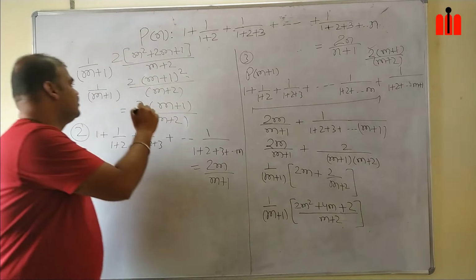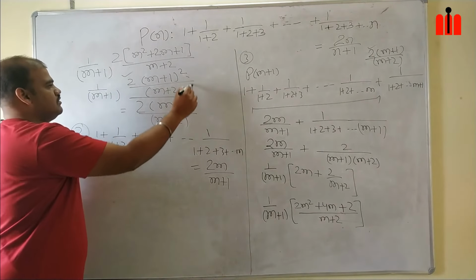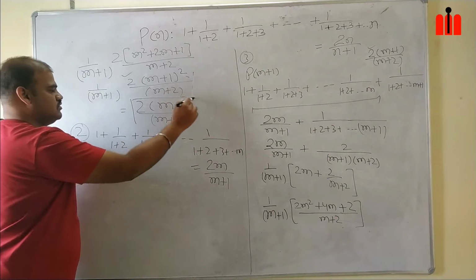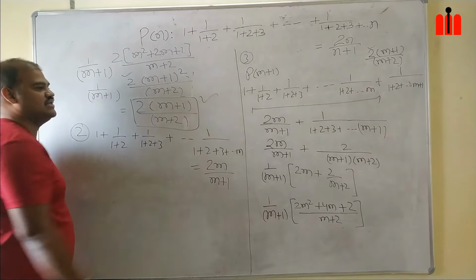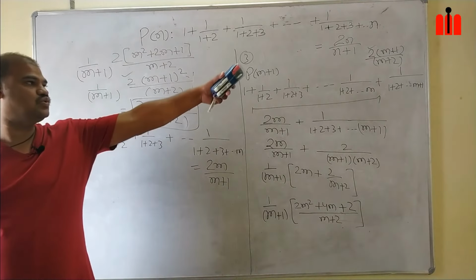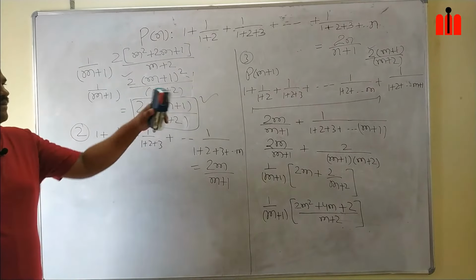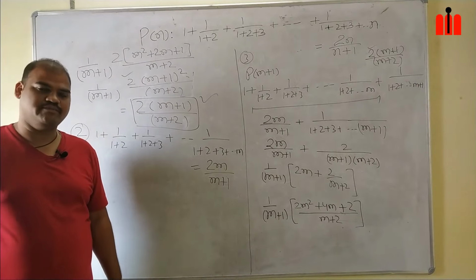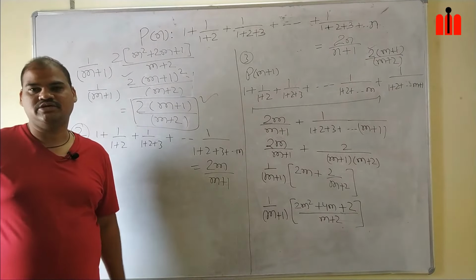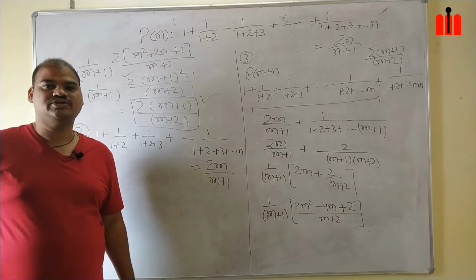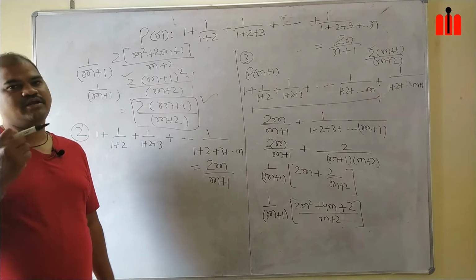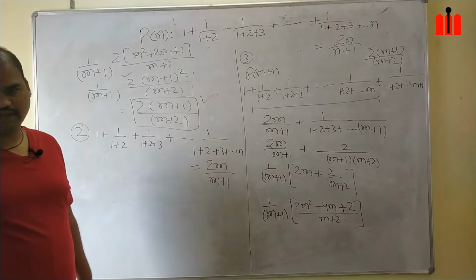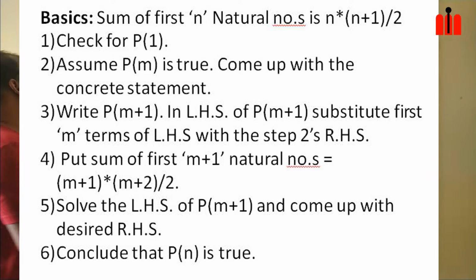So we see both of them are matching, right? 2(m+1)/(m+2), which we got from our P(m+1) step. So our RHS is true, right? So this completes our second problem. The third problem is on your screen.